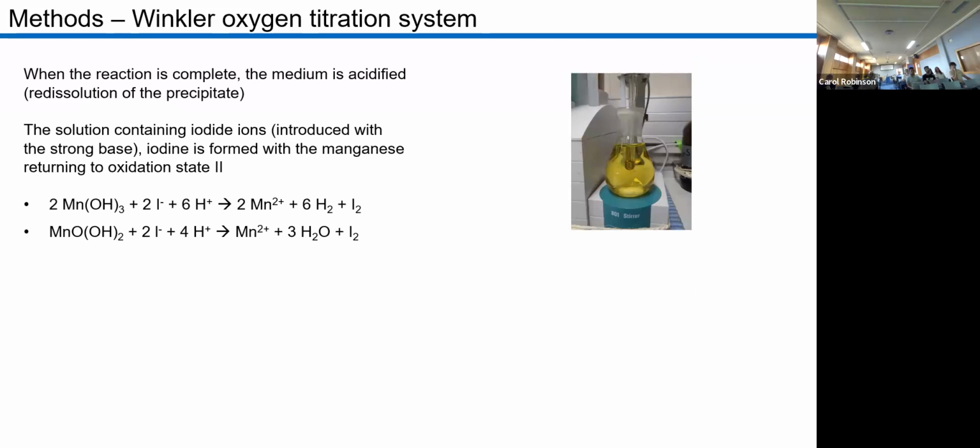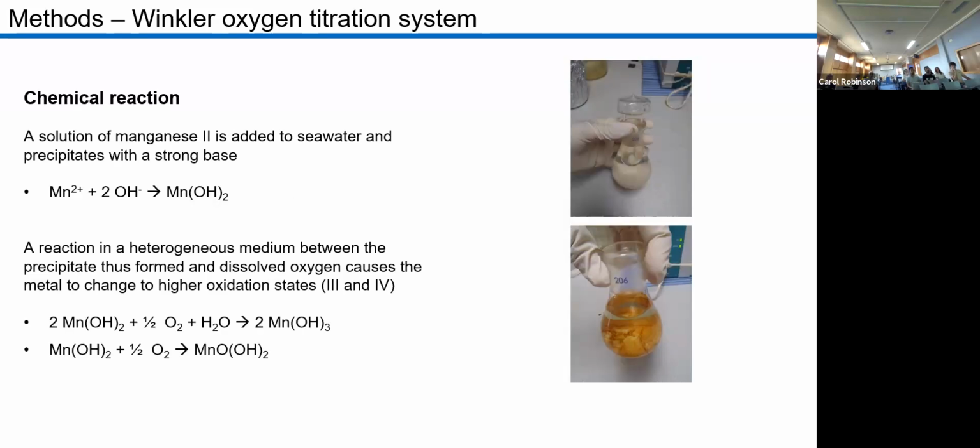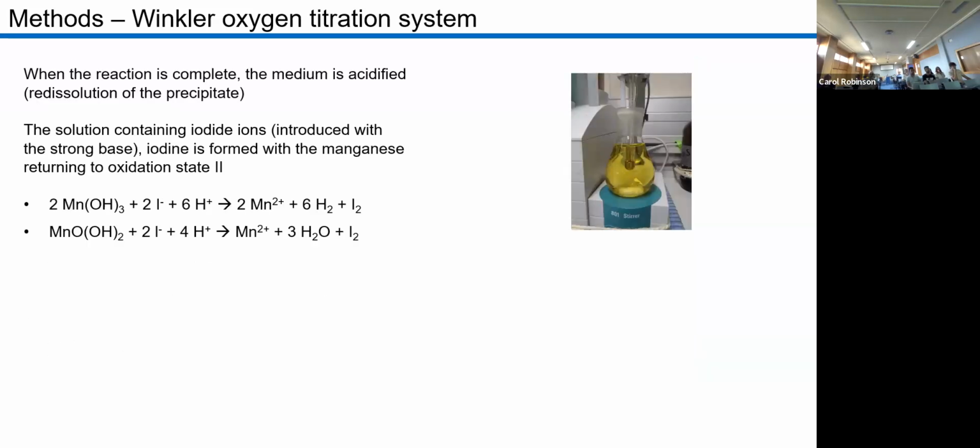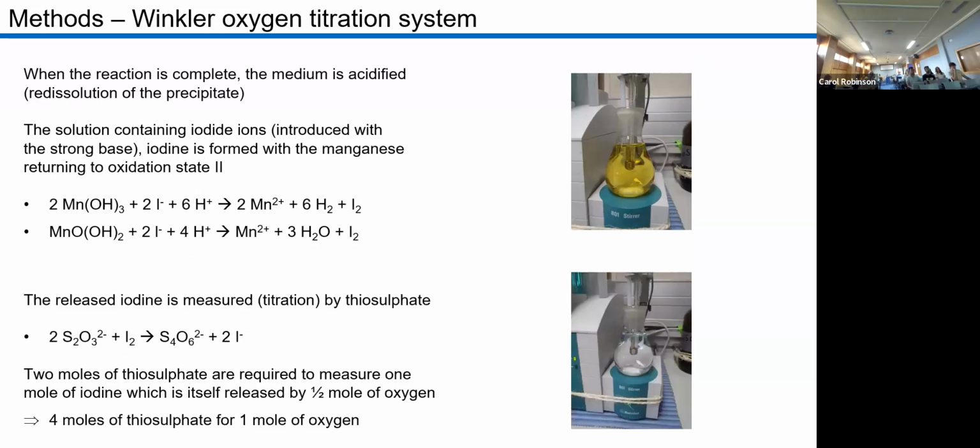So it provides the yellow color. And in the basic state, that iodide is complexed and settled in the bottle. To do the titration, you dissolve the precipitate using acid, and you titrate the iodine with a thiosulfate.